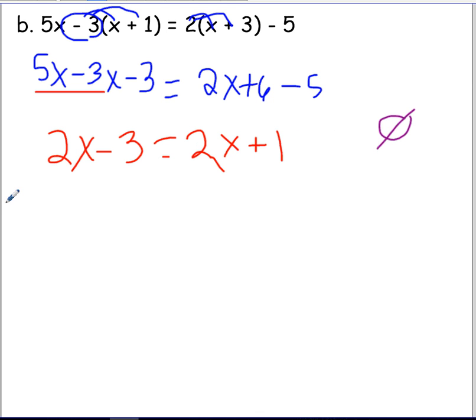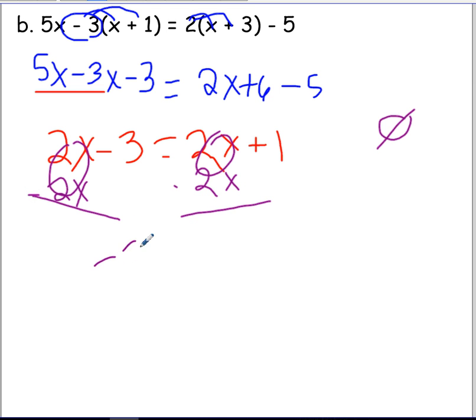And if we try and simplify it any further, when we go to remove our variables, again, they're going to zero out on both sides. But instead of having the same number equaling itself, we're going to have negative 3 is equal to 1. And negative 3 never equals 1. It doesn't equal.